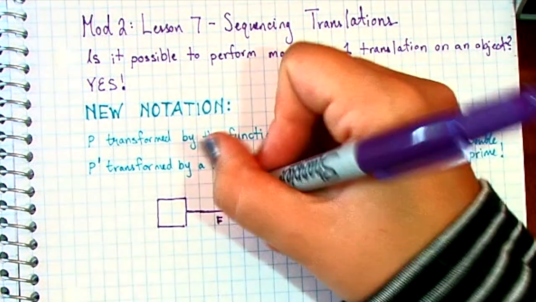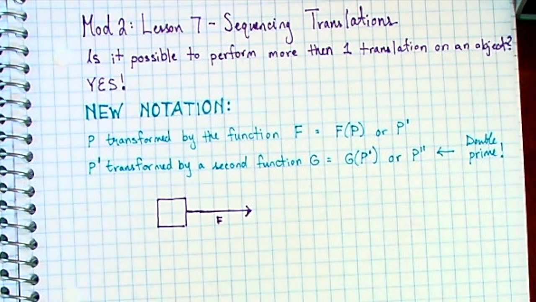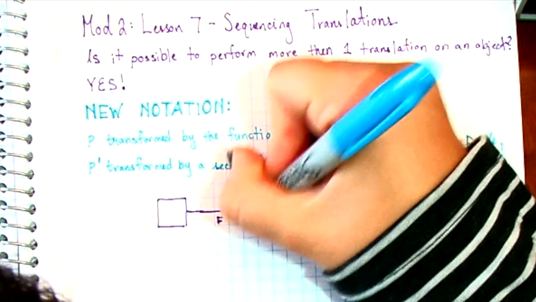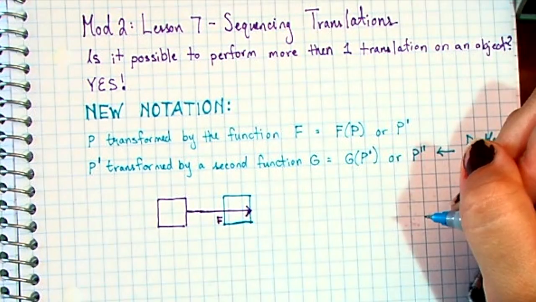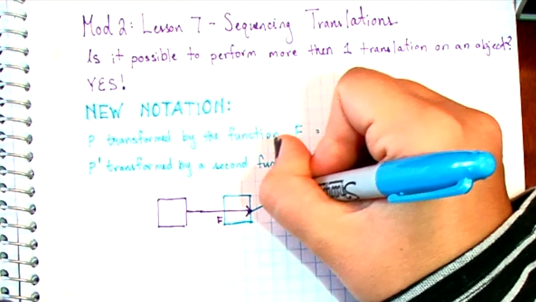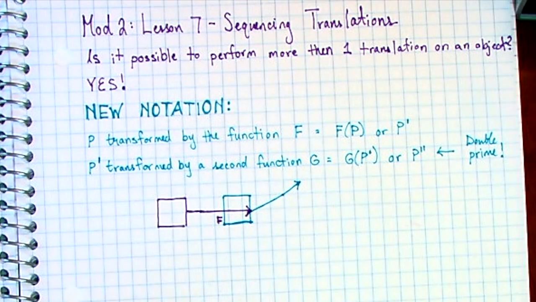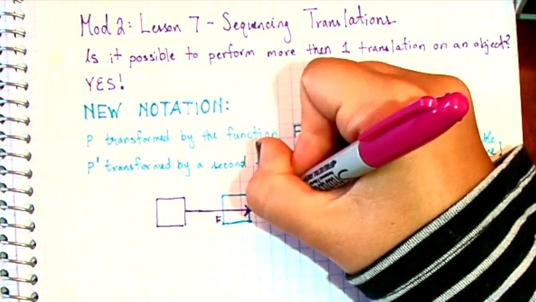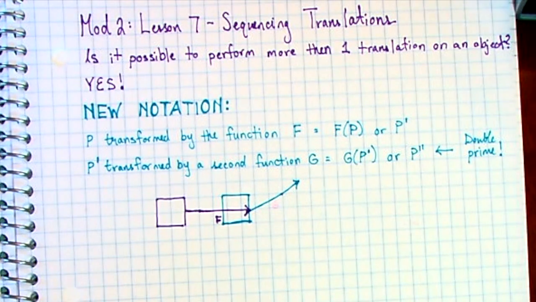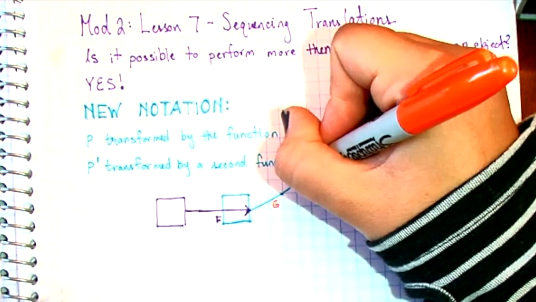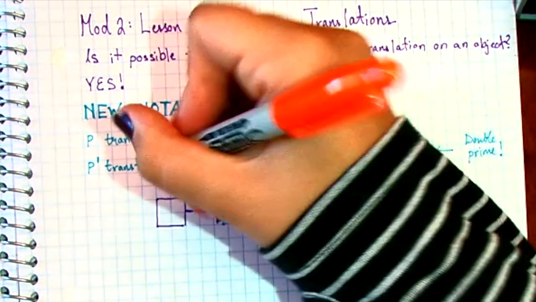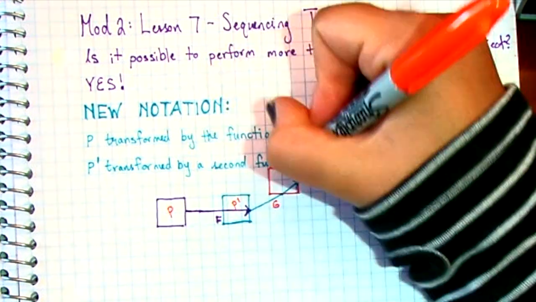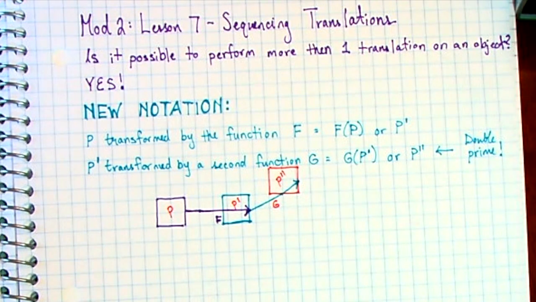So if I take a look at my figure here, which is a square, and I transform it along the vector for my first function, I end up with that first iteration of my transformation, which would be p prime. And then I have a second vector, and I transform my square along that vector g to get my final transformation, which is p double prime, right?